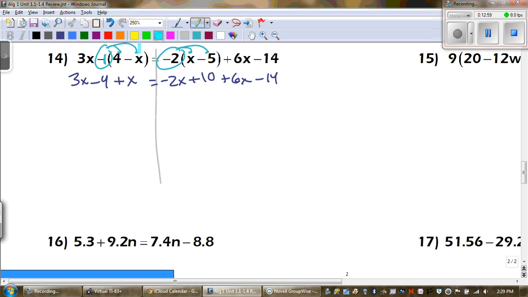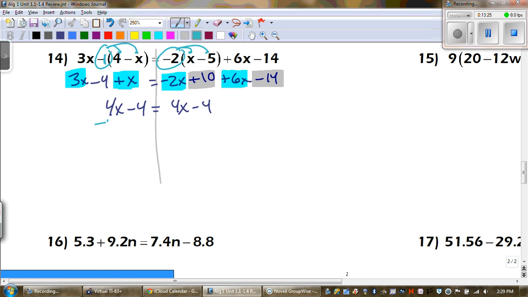Okay? I need to combine my like terms, and on the left side we get 4x minus 4. Okay, on the right side, combine your x's. We get 4x. The next step would be to combine your numbers. 10 minus 14 is -4.